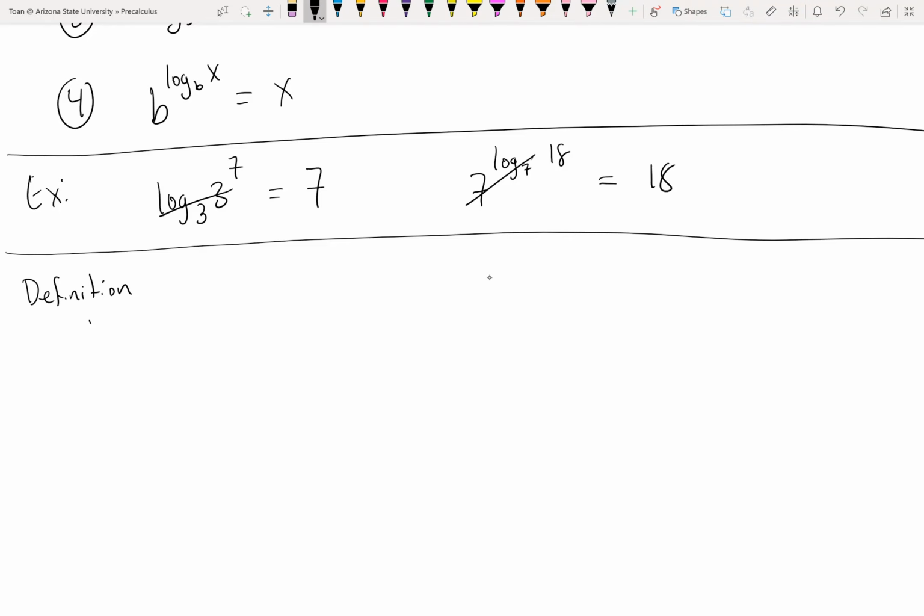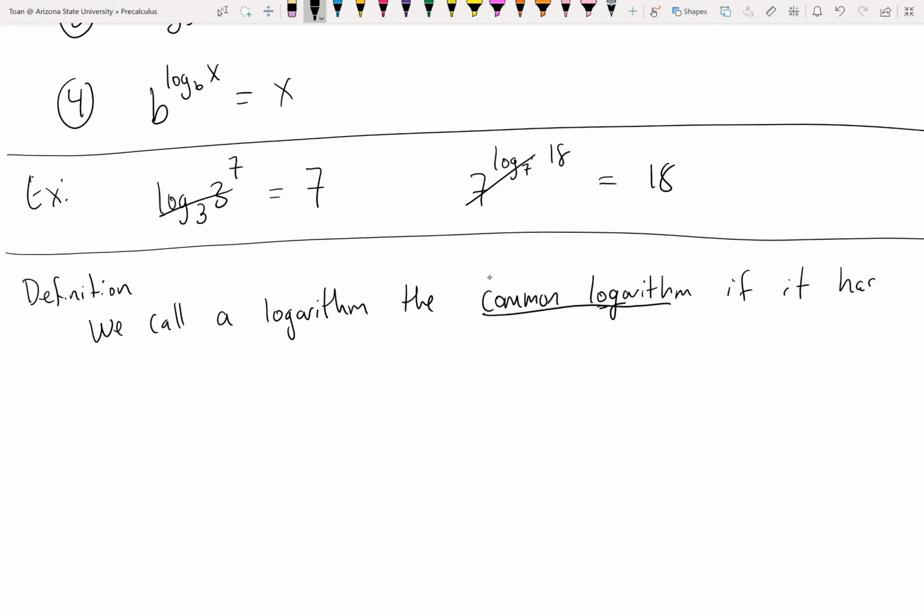So first definition, we call a logarithm the common log. That's the official name of it, common logarithm, if it has a base of 10.